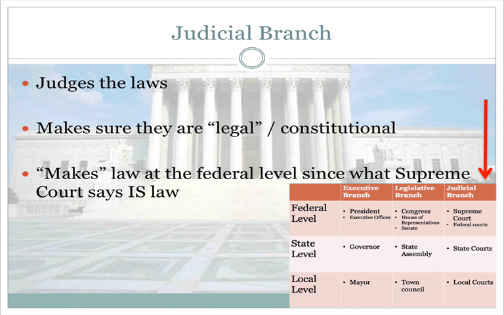Now, to an extent, at the federal level, the Supreme Court could, in effect, make law. It's not like a normal progression where a bill becomes a law by going through the legislative branch and then being signed by the executive branch. The Supreme Court could, in effect, make law based on its rulings.